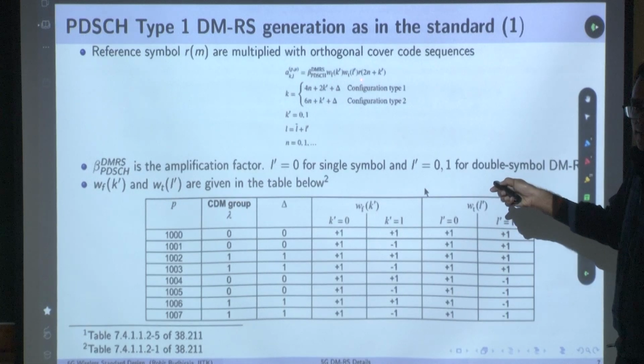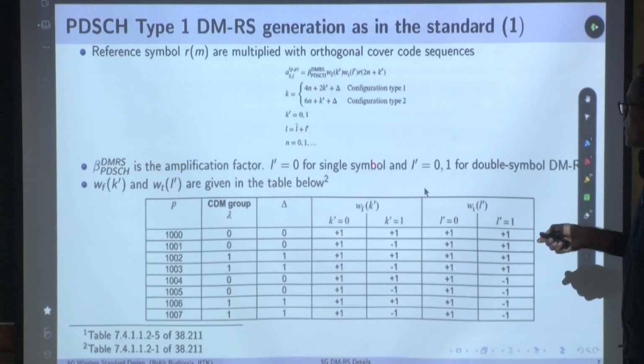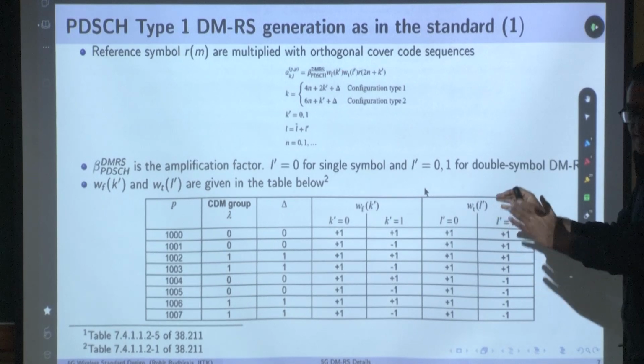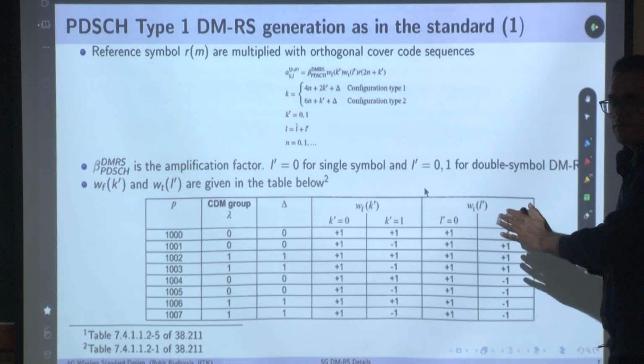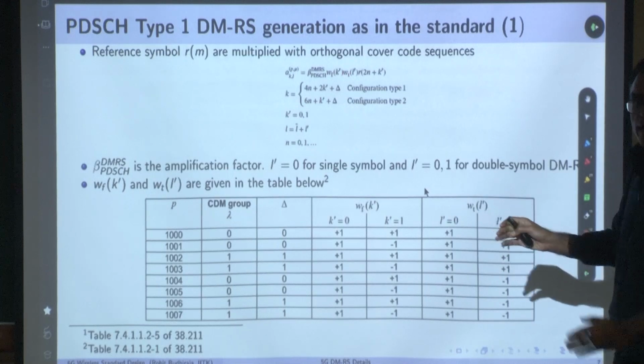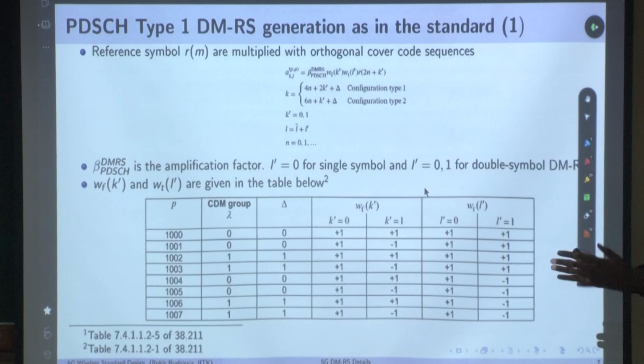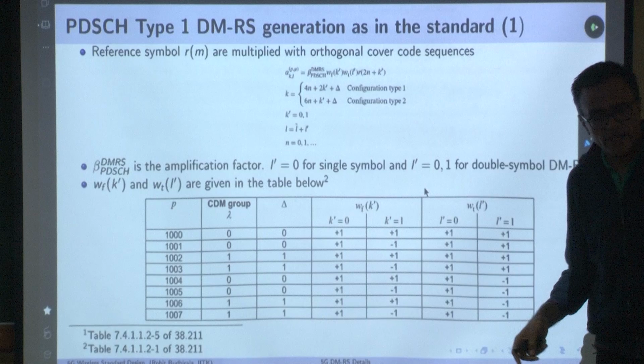On top of that, you are using WF and WL to create that orthogonal code cover. I will take an example, and it will become extremely clear how the product of these two is used to create that length 2 sequence or length 4 sequence which we have seen. I will stop here and continue this in the next class. Thank you.